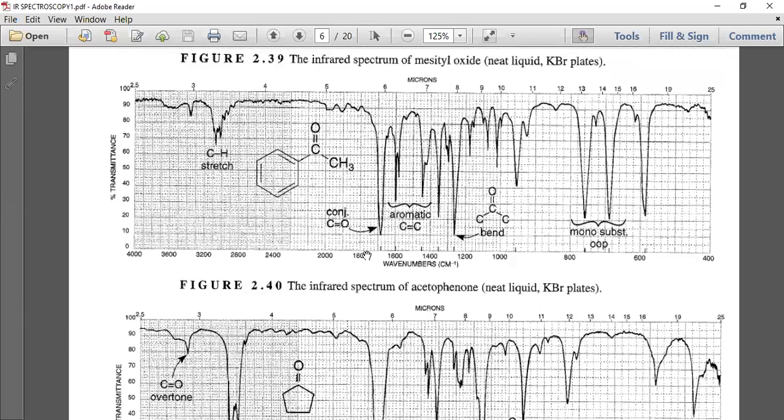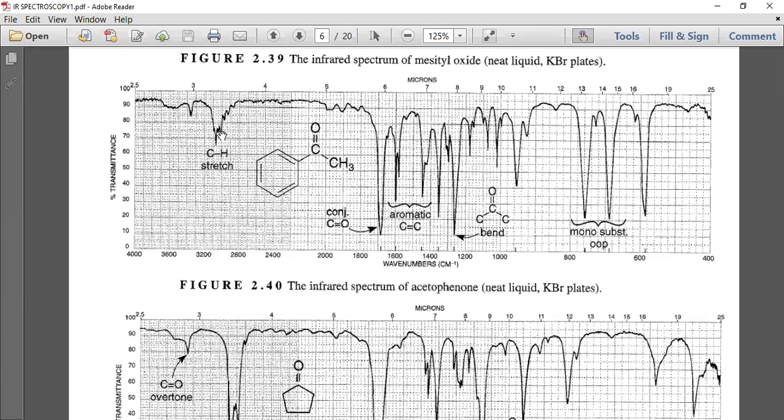Yeah, what I will do, these are all similar things. I'll just show the spectra. Here C double bond O is there, aromatic is there, mono substitution is there, aromatic CH stretching vibrations more than 3000. So this is 3000, okay? So these are more than 3000.